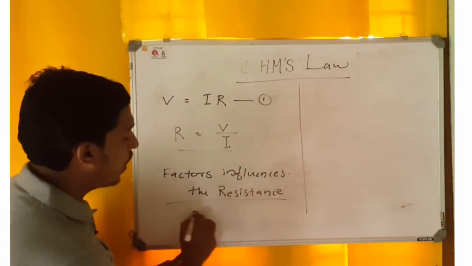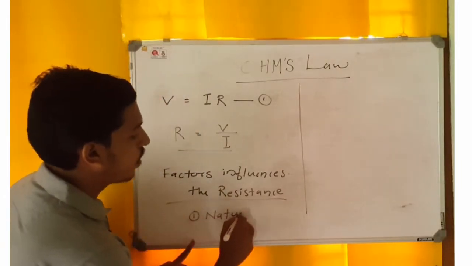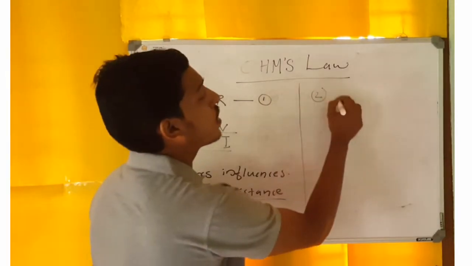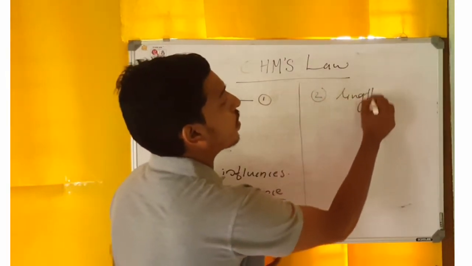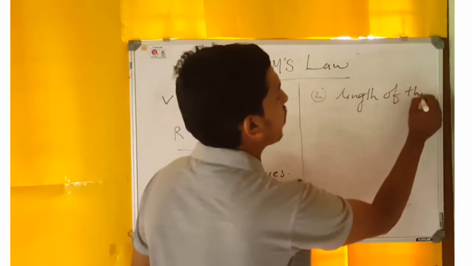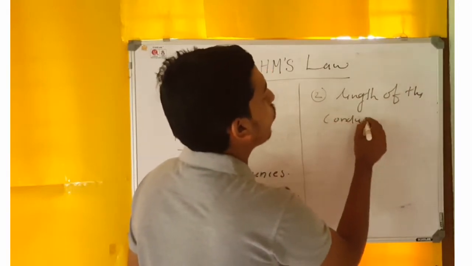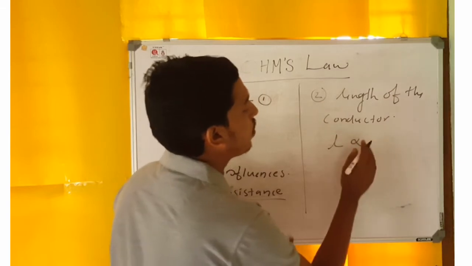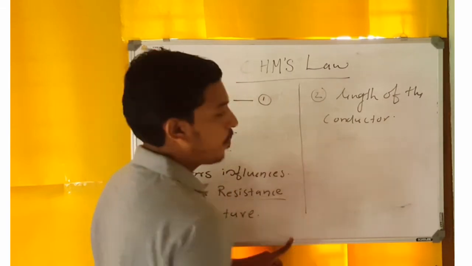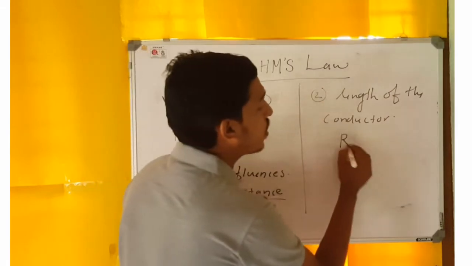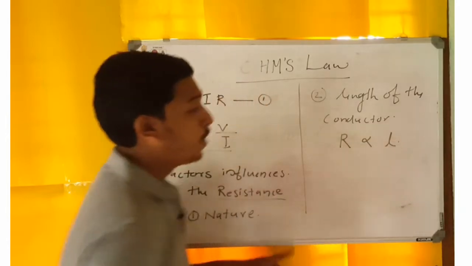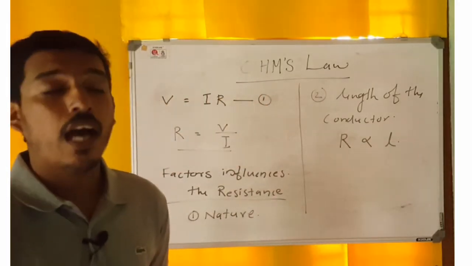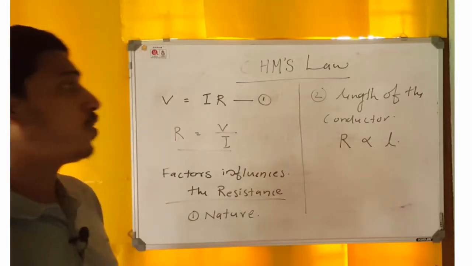The first one is the nature of the material. The second one is the length of the conductor. As you know, the resistance is directly proportional to length, which means when the length increases, the resistance will also increase, and if length decreases, the resistance will also decrease.